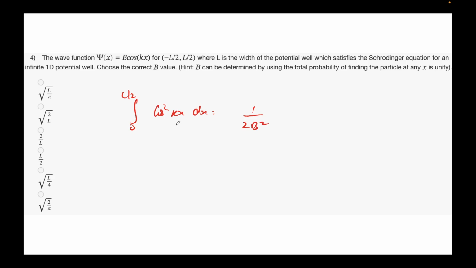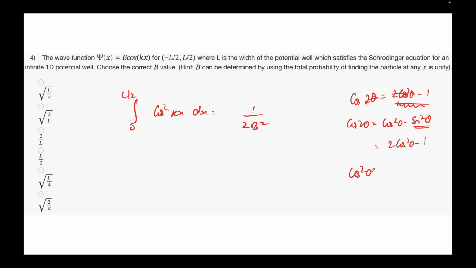Cos square kx. Now we need to just integrate this. So cos square x can be written as, cos 2 theta is nothing but 2 cos square theta minus 1, because cos 2 theta is cos square theta minus sin square theta, and you can write sin square theta as 1 minus cos square theta, so it's going to be 2 cos square theta minus 1.